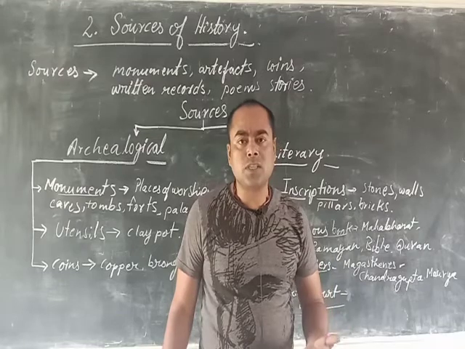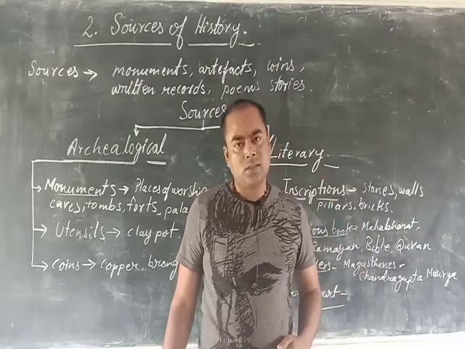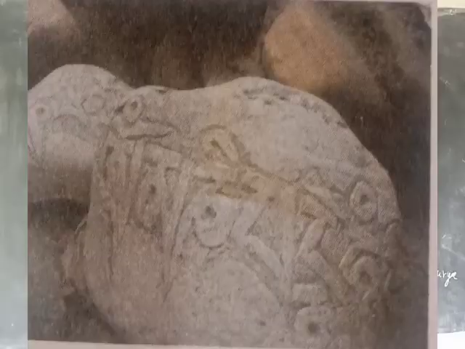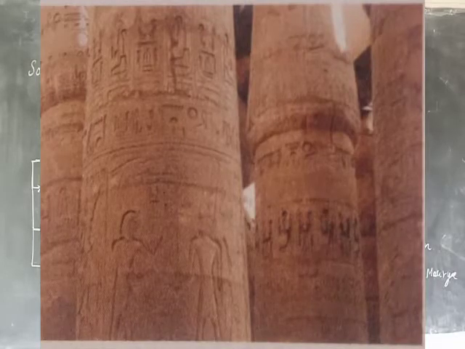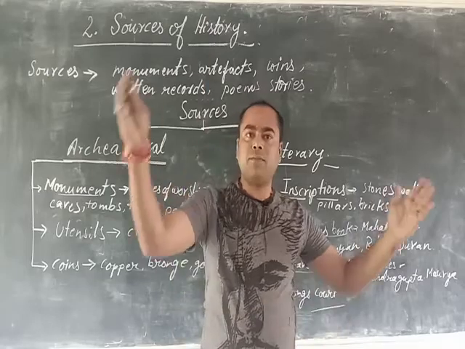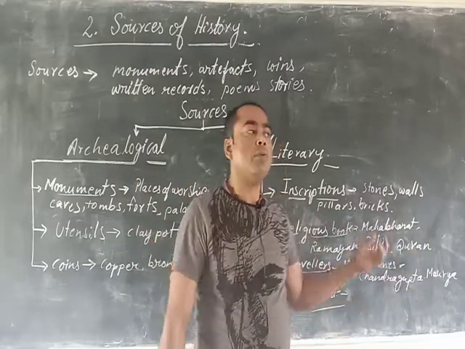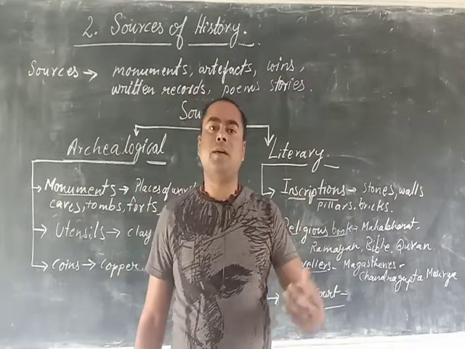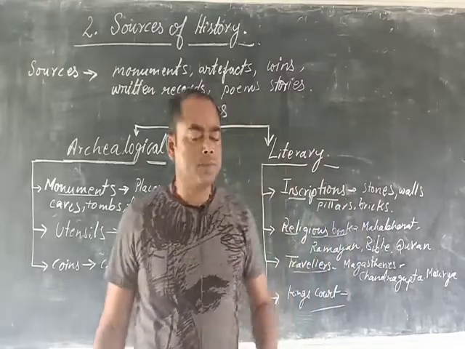Inscriptions are things written on rocks, stones, walls, pillars, bricks, etc. If something is written in the wall of a cave or the wall of a fort, we call that an inscription. Inscriptions give us sound knowledge about that period because it is a written record.